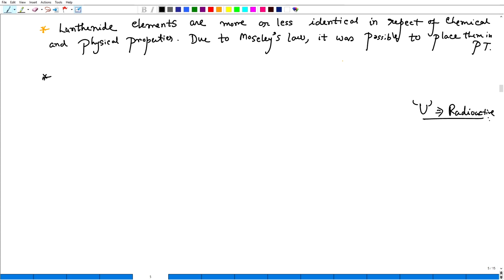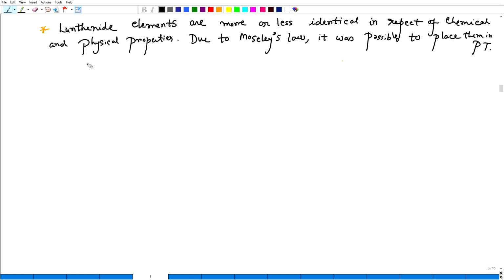After uranium, the radioactive elements have a very short lifetime, that is, they decay very fast. So, identifying those elements is very difficult. Using Moseley's law, we can identify those post-uranium elements, that is another achievement. So, this was the outcome of the achievements of Moseley's law.